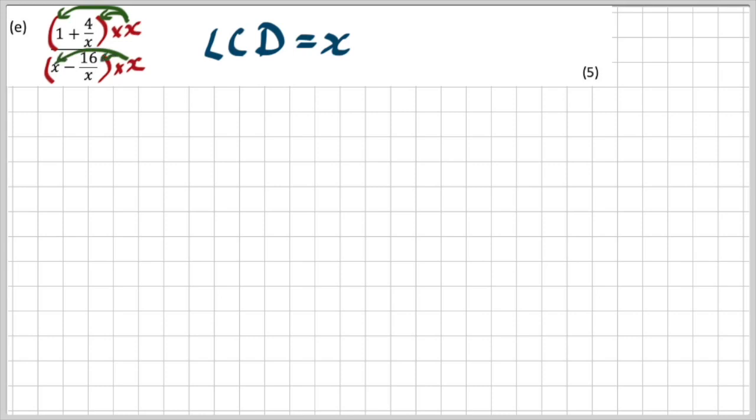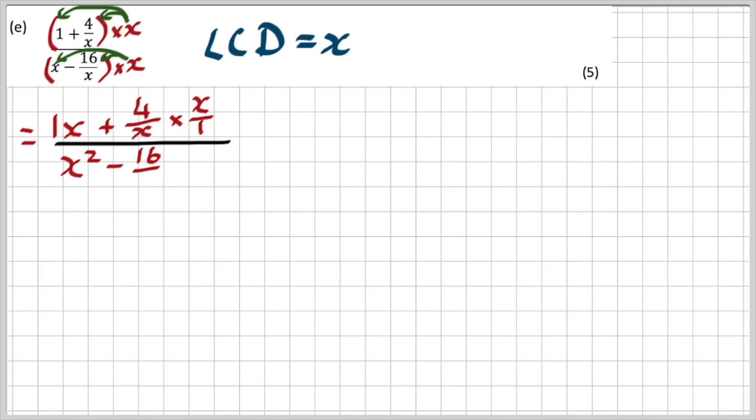If I distribute at the top, I get 1 times x plus 4 over x times x over 1. In the denominator, I've got x squared minus 16 over x times x. I'm putting in extra steps so that I don't skip things and you think, where does this guy get this stuff from?